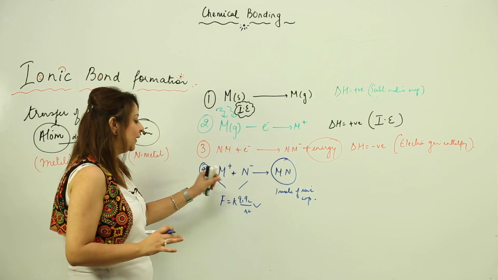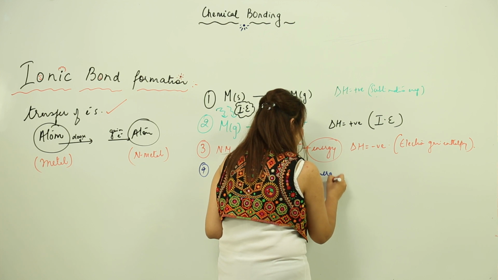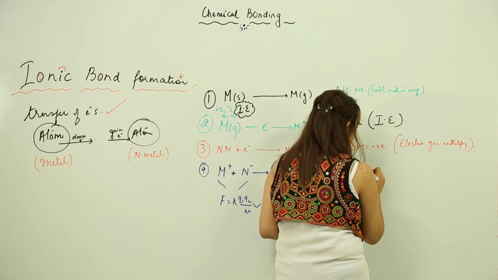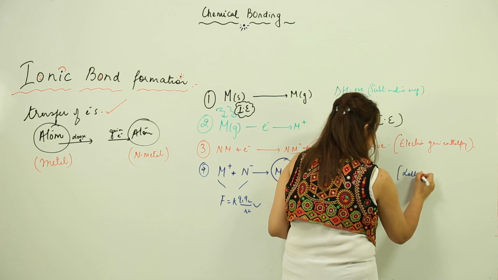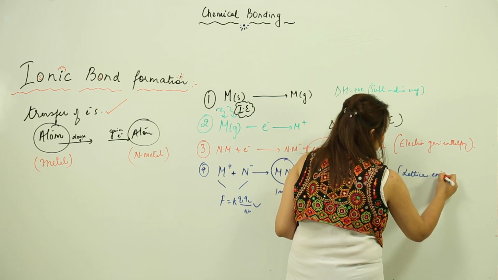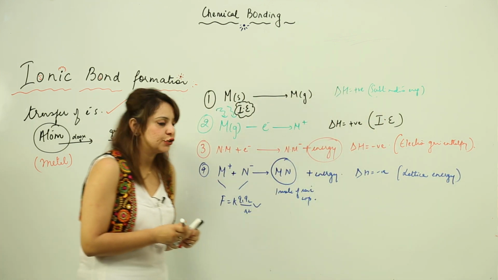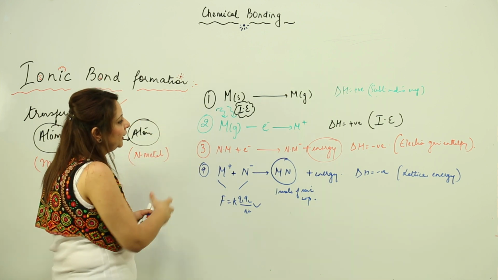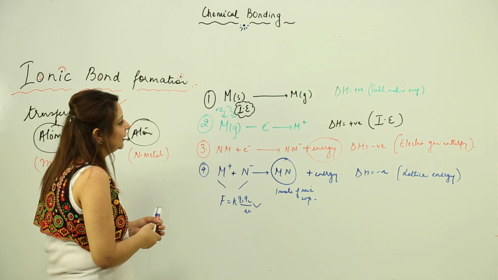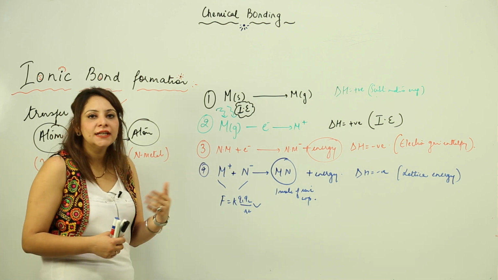In this state, when they combine with each other, it leads to the release of energy again. This energy is negative, and this energy is nothing but lattice energy. So overall, in the first two steps we supplied energy, and in the last two steps the energy is released.